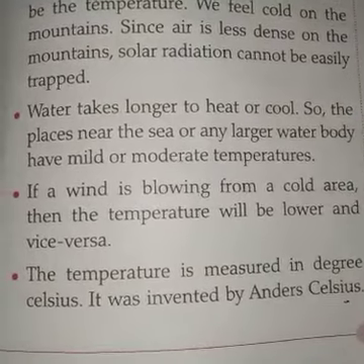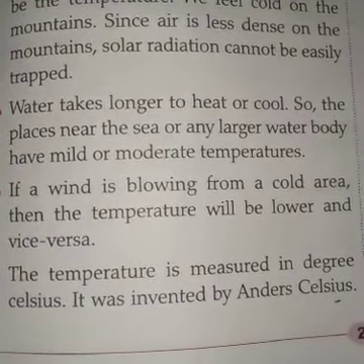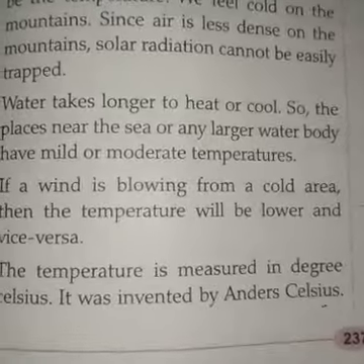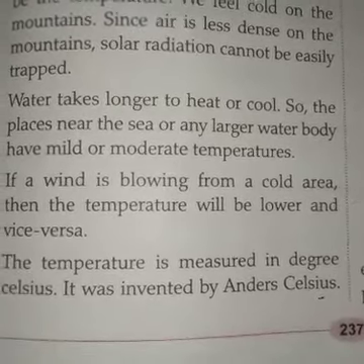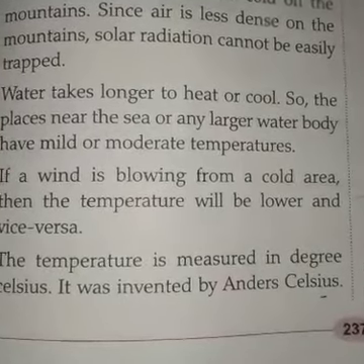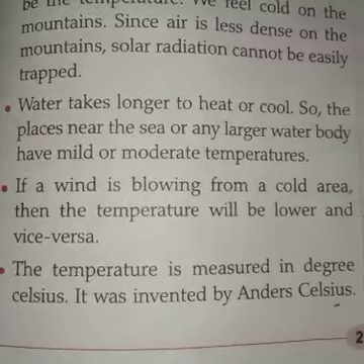That is why the daytime temperature is lower and at night it increases. Because of this moderate temperature, they have a moderate type of climate in comparison to the interior part of the land.